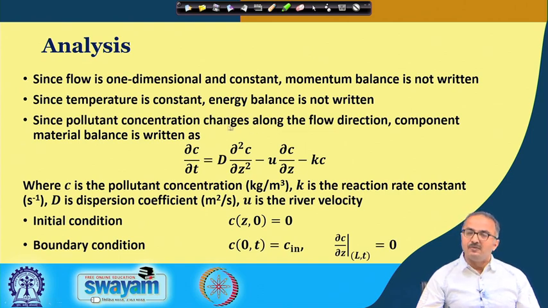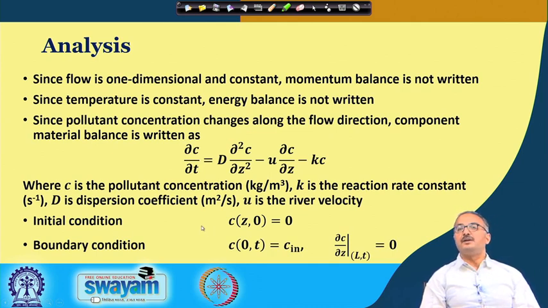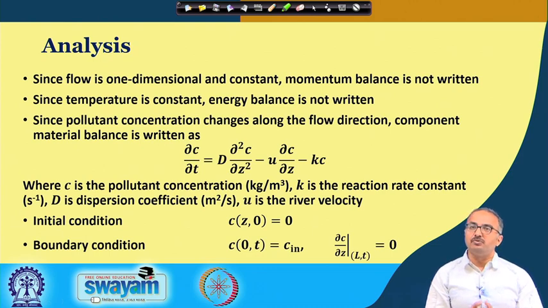So, that is how we are reducing the 3 dimensional unsteady state mass balance equation to a 1 dimensional unsteady state equation. After this, I have also given you the SI units of the various parameters here. Now, you see the initial condition as proposed in the problem, that initially there is no pollutant present.